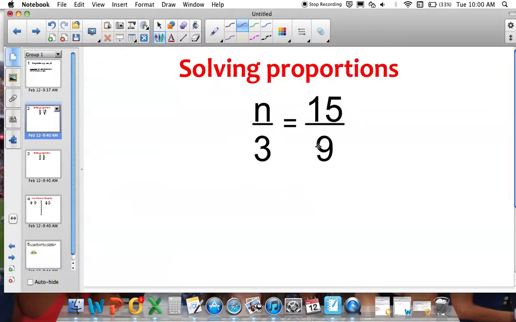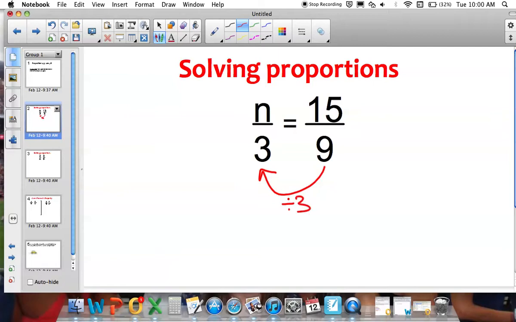Here's an example of a proportion. In this case, we know that these two fractions are equal. And in order for them to be equal, n has to be a specific value. Now let's take note of something. In order to get from 9 to 3, we would have to divide 9 by 3.